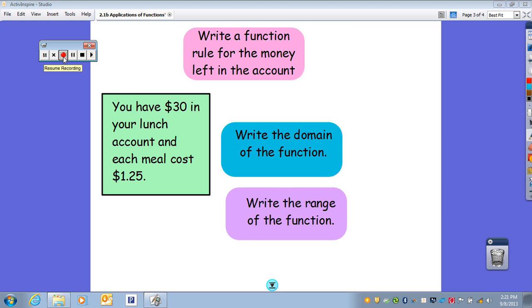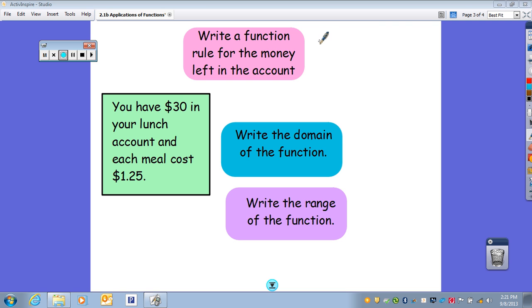Let's take a look at another example. We want to write a function rule for the amount of money left in the account. You have $30 in your lunch account, and each meal costs $1.25. So here's what we need to talk about.